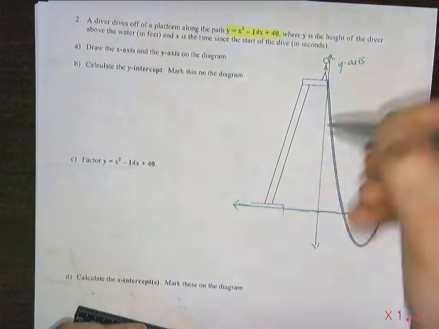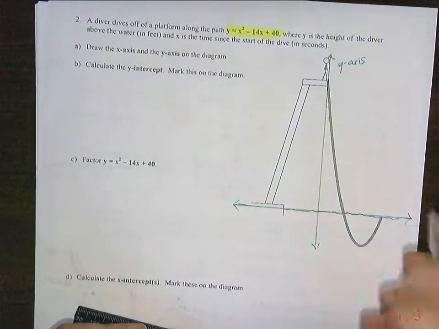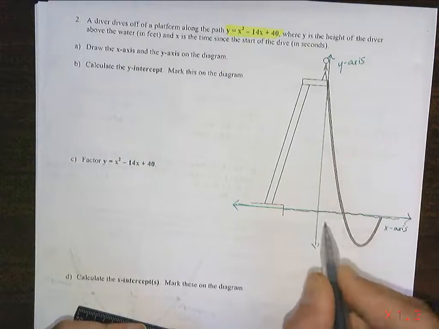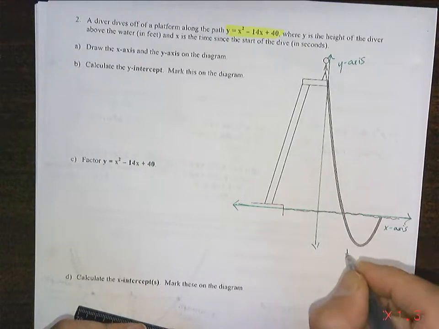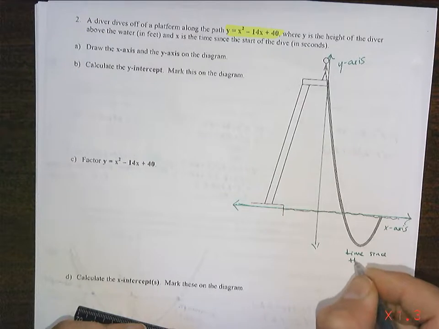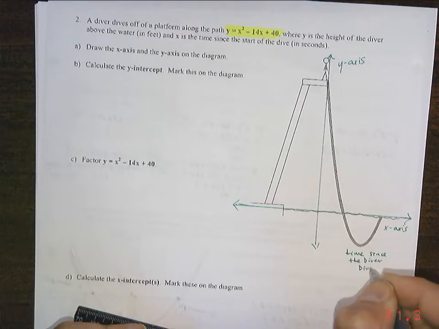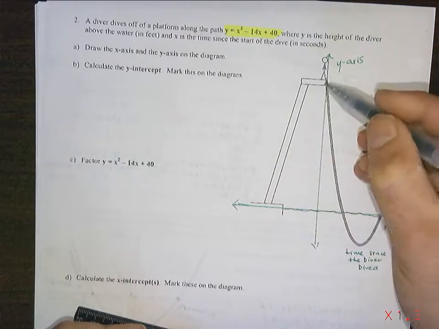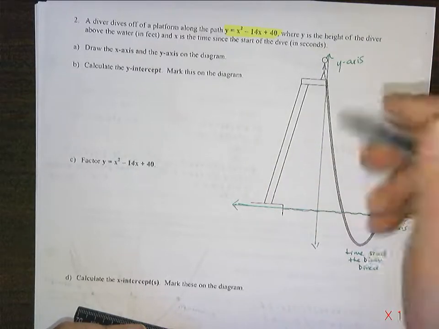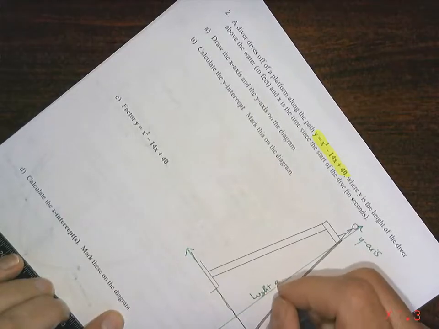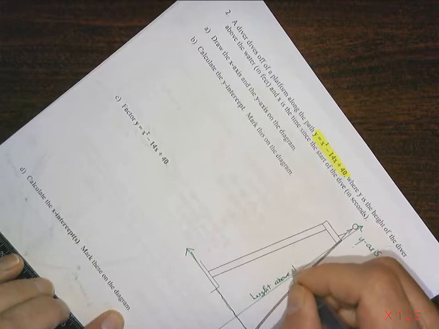Positive above the water, negative below the water, and the x-axis is in time, which means that this is time moving forward since the diver dived. Because let's face it, if he doesn't dive, we don't get this. So this all starts as soon as he dives. And this is height above the water.